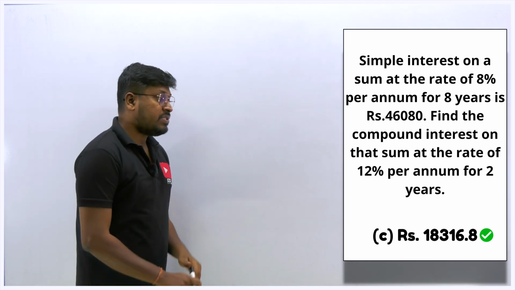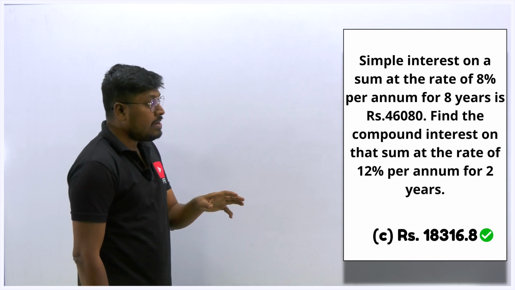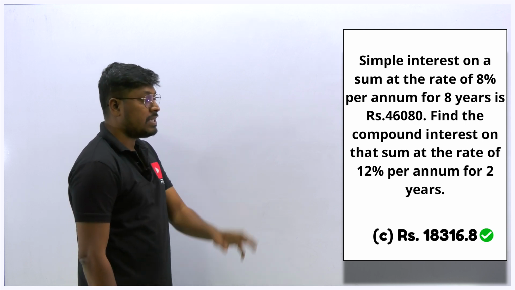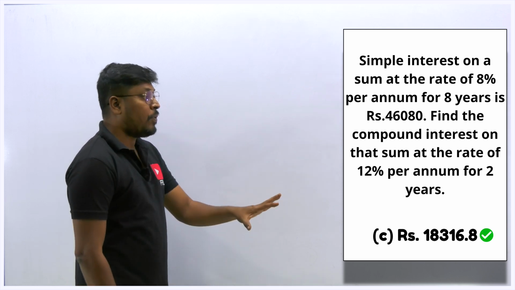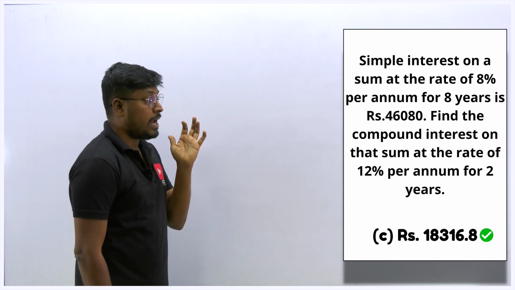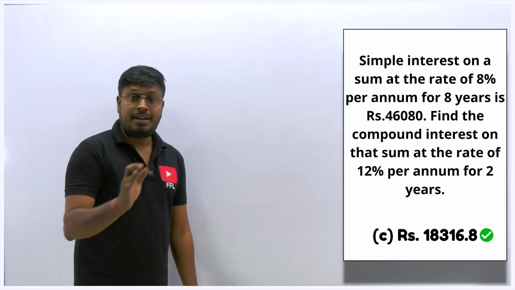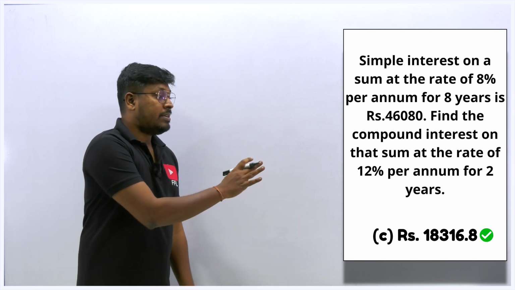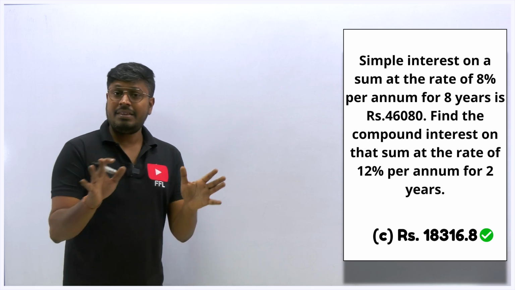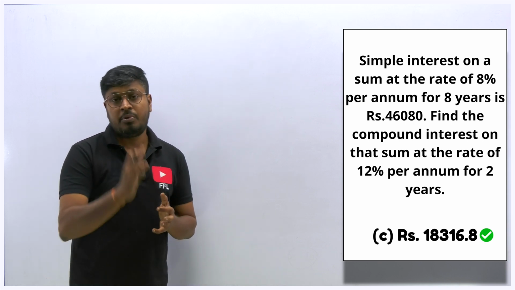Simple interest on a sum at a rate of 8% per annum for 8 years is 46,080. Find the compound interest for the sum at the rate of 12% per annum for 2 years. Definitely it's a compound interest question. If it is a compound interest question, usually I will not solve it initially in the exams. Why? Because it takes more time.